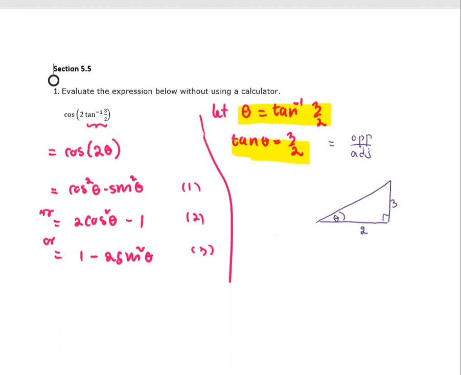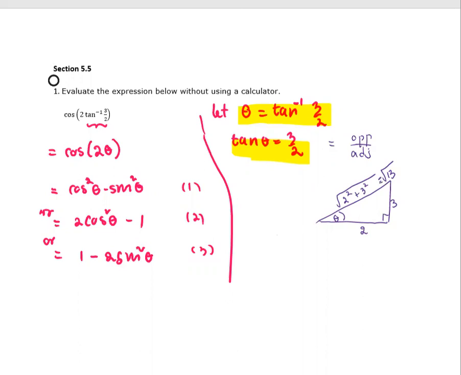Therefore, the hypotenuse, from the Pythagorean theorem, is the square root of 2 squared plus 3 squared, which becomes the square root of 4 plus 9, which is square root of 13. We have the hypotenuse as the square root of 13.